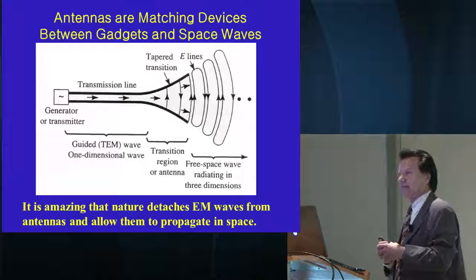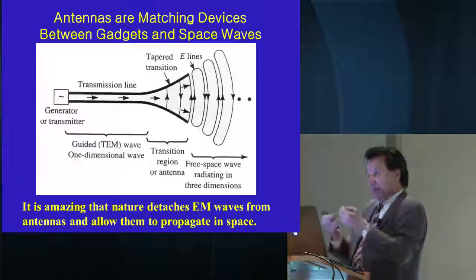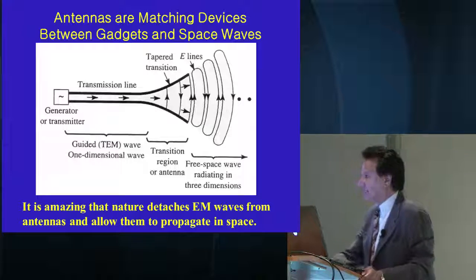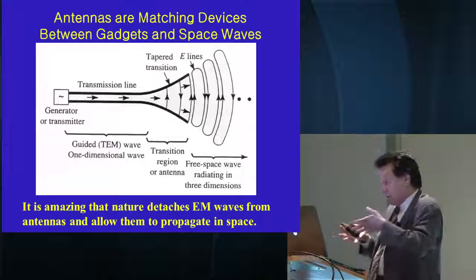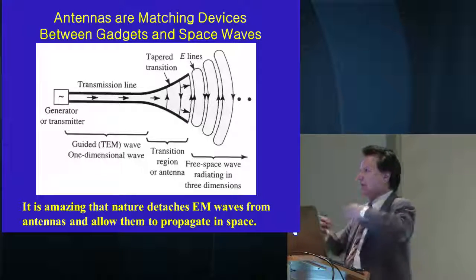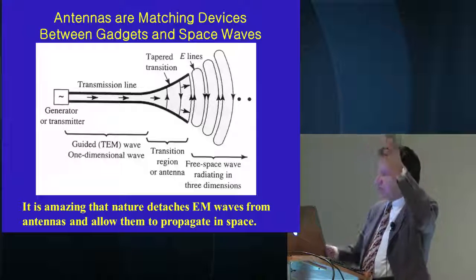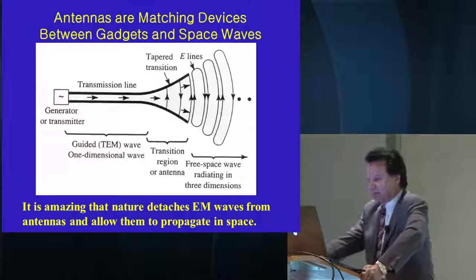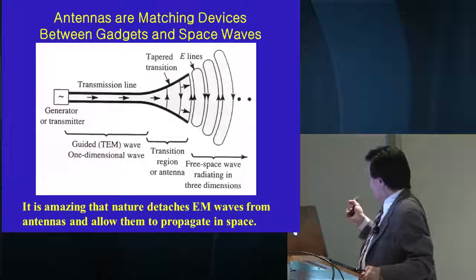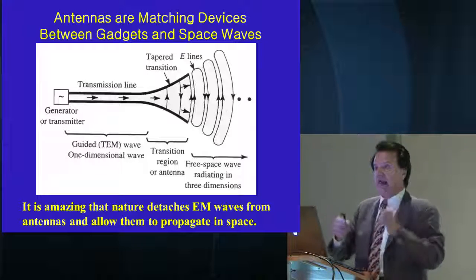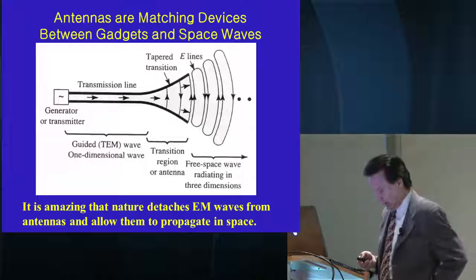Once they detach themselves, they propagate forever. And if you look at the special theory of relativity, that's exactly what it is. Because when these waves or light or electromagnetic waves detach from the source, the speed is constant, no matter what the source is doing with respect to other reference directions. So that detachment going to space is the key. So we want to make that happen effectively and efficiently.